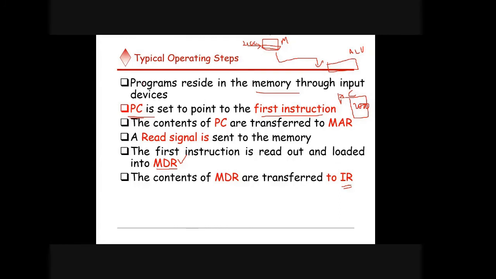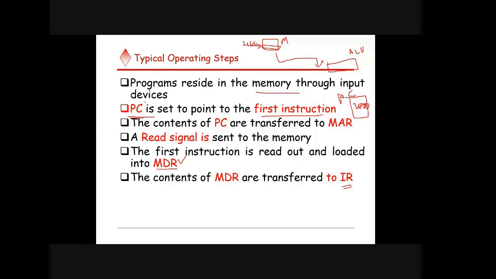So I will tell you one more time. The program will be there in the memory unit. First I should fetch the corresponding memory address instruction. Assume that my instruction is present in 2000. So the first instruction I should fetch from the memory. The first instruction's address will be stored in the program counter. That is the initialization part.